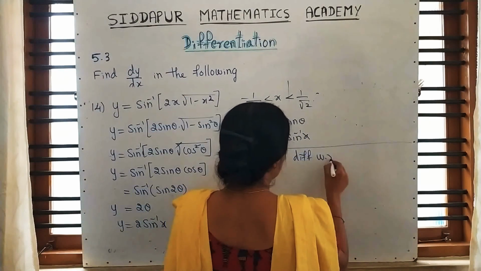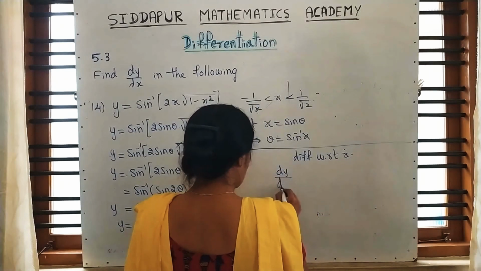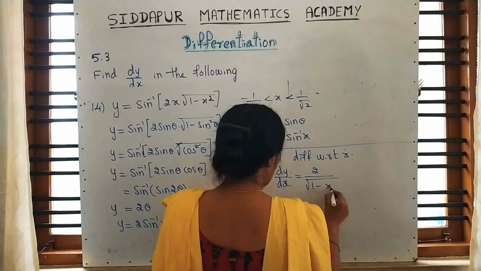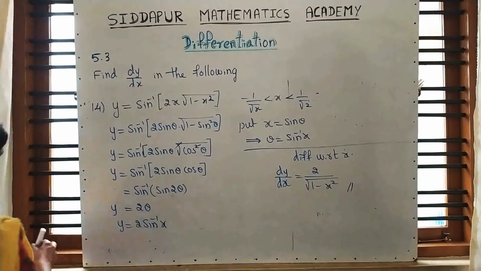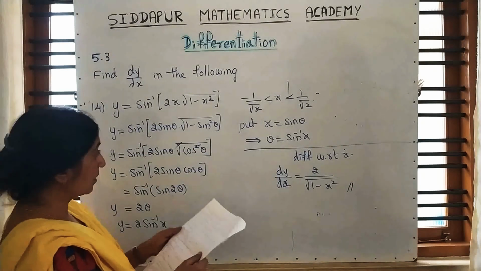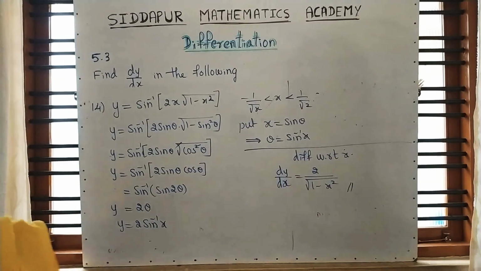Differentiating with respect to x. Dy upon dx is equal to 2 upon root of 1 minus x square. 2 is a constant. Differentiation of sin inverse x is 1 upon root of 1 minus x square. Moving to the next question, question number 15.